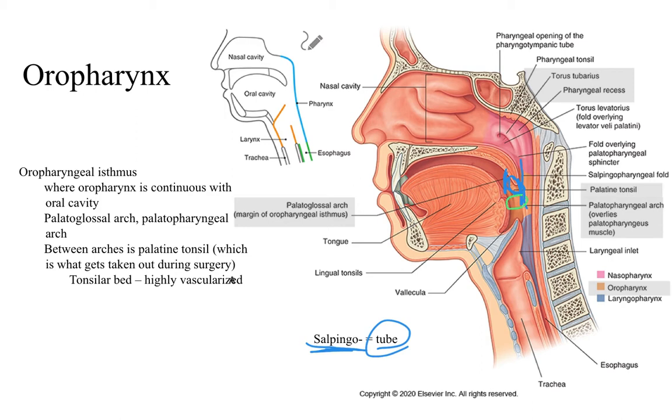And then this area right here would be referred to as the oropharyngeal isthmus, where, like it says, the oropharynx is continuous with the oral cavity. All right, one thing about the tonsillar bed, it is highly vascularized, so if it's damaged, or during surgery, or infected, it does have the propensity to bleed.